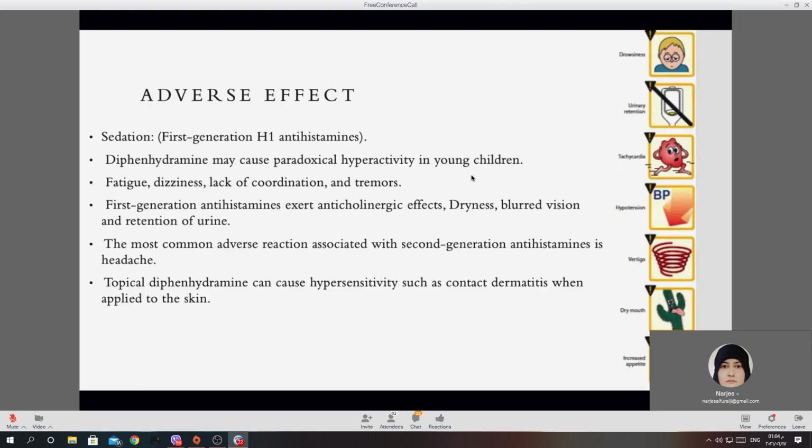It also causes fatigue, dizziness, and sometimes tremor. They can cause dry mouth, blurred vision, and retention of urine, and this action is through interaction with cholinergic receptors.